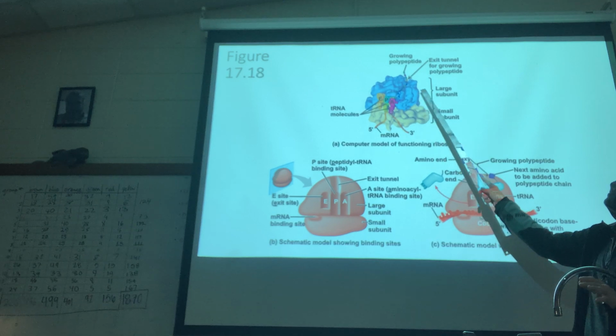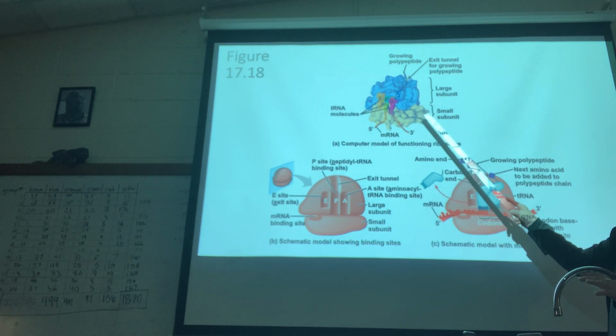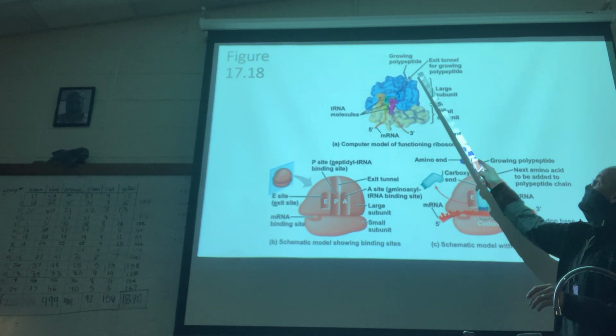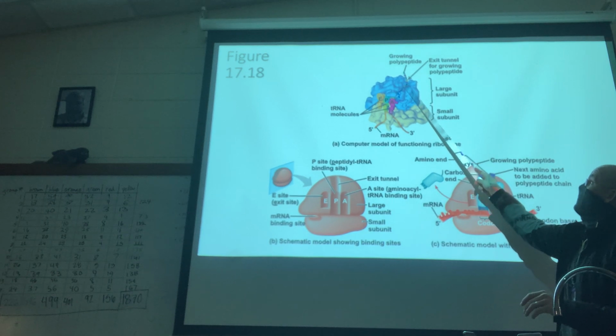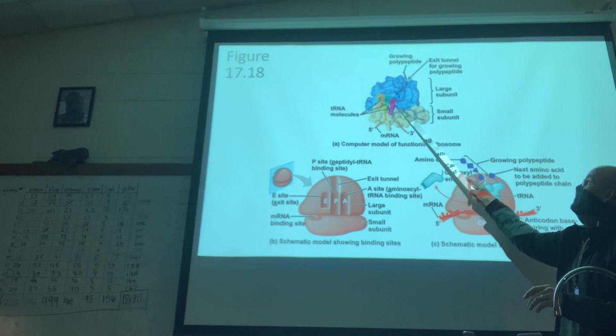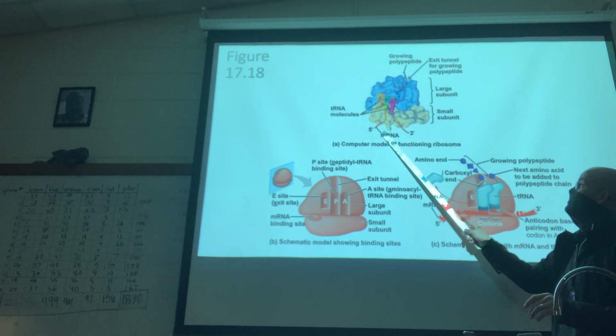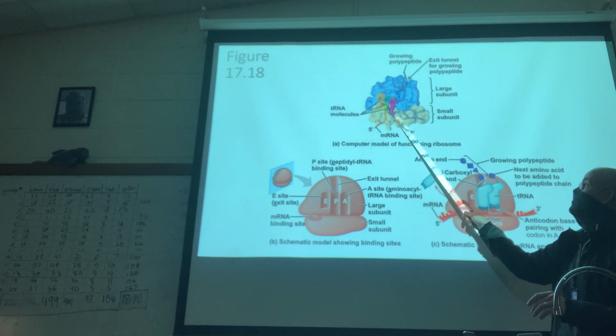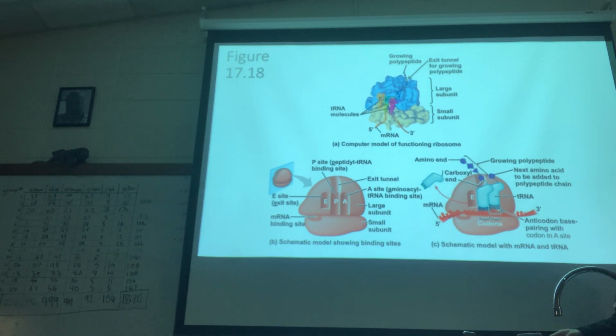The ribosomes are very lumpy and clumpy looking. You can see a chain of amino acids. This is the baby protein that is forming from the process, and you can see this chain, which is the mRNA, being read by the ribosome.